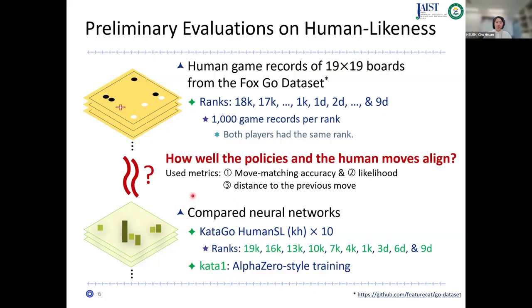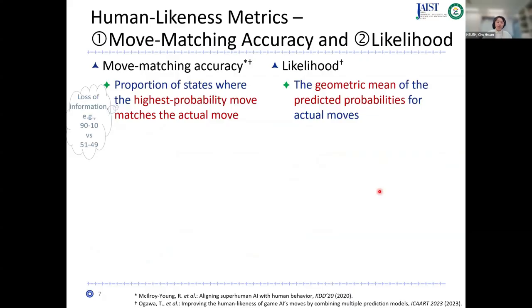We will use several metrics including move matching accuracy, likelihood, and distance to the previous move. First is the move matching accuracy, which is used in many previous works. It calculates the proportion of states where the highest probability move matches the actual move.